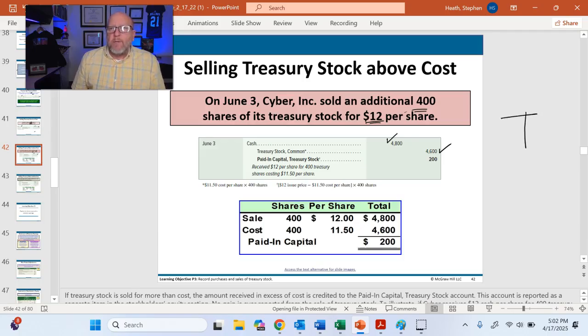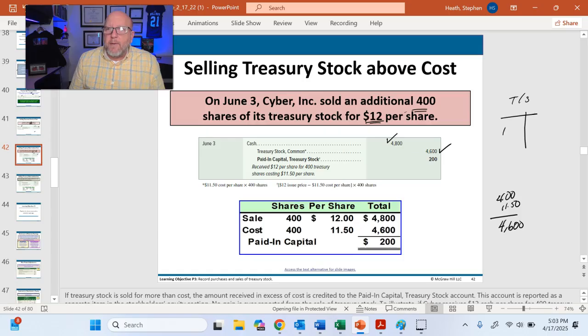So if I have my treasury stock account and it all went in at $11.50, then if I were to sell 400 shares, it's going to be 400 shares times $11.50, the original cost. If you do the math, you get 4,600.